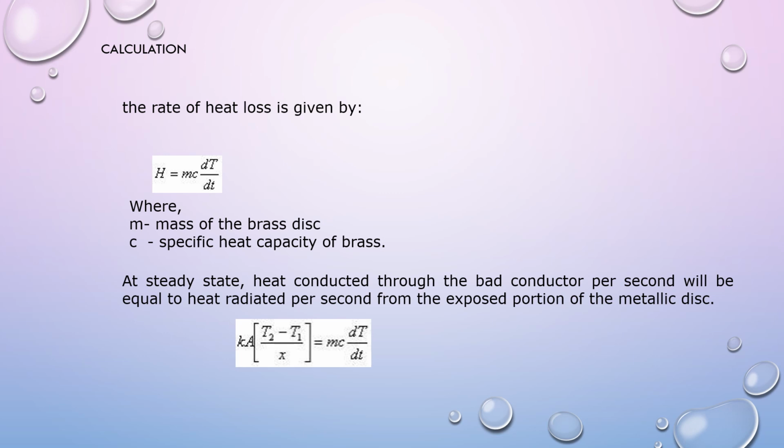So, KA into θ2 minus θ1 divided by X equal to mc into dθ by dt. Therefore, heat loss equal to heat gain. By rearranging the above equation, we can easily find out the value of K, that is the thermal conductivity of a bad conductor. Thank you for watching this video.